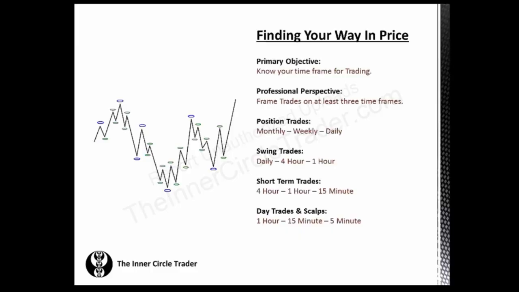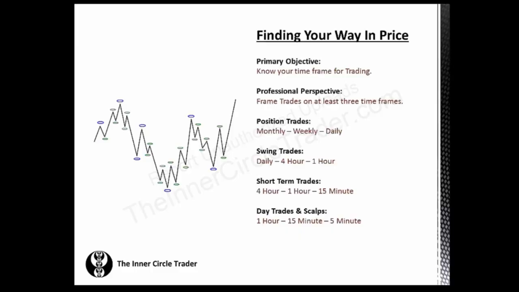So let's talk about the professional perspective when applying market structure. For position trades, the duration is going to be anywhere between 3 months and as much as 6 months to a year. I don't have a whole lot of trades like this, but every 3 to 4 months in the marketplace, whether it be stocks, commodities or Forex, there is a specific swing that manifests itself, and we talked about that in other videos.